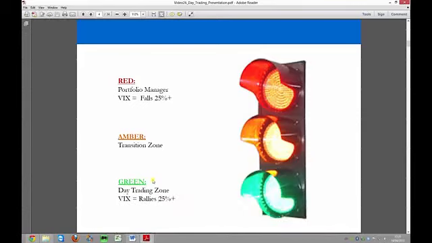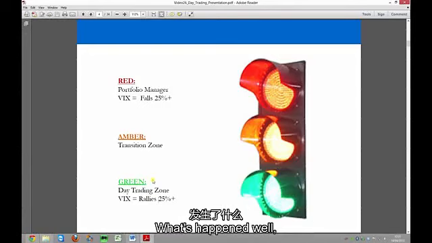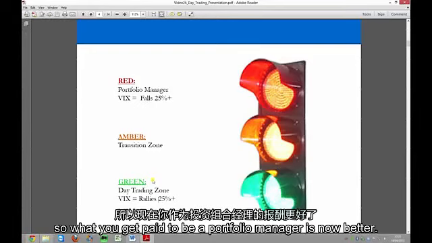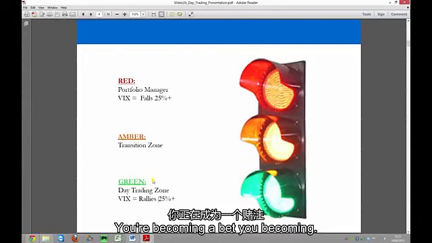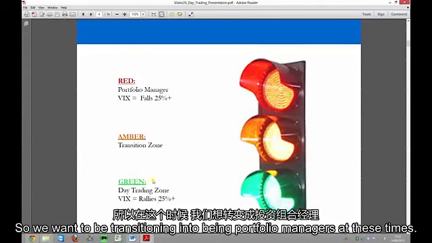So when it's below that level and it's dropped 25%, what's happened? Well, it means that the portfolio risk of the world is dropping. So what you get paid to be a portfolio manager is now better. The opportunities to get paid as a portfolio manager are increasing. So we want to be transitioning into being portfolio managers at these times.